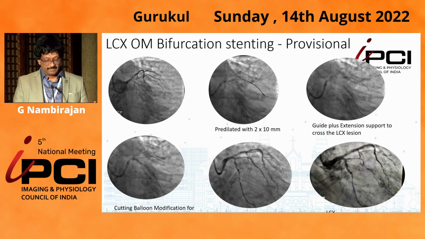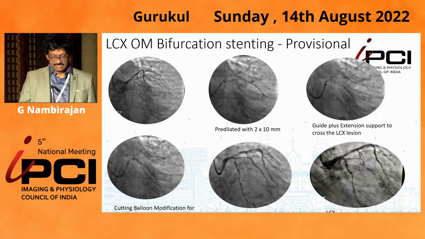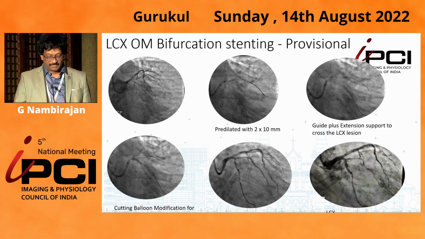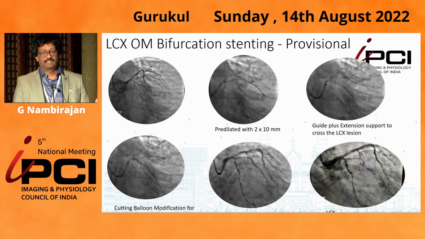We used a Guideliner extension to take the balloon down, and we dilated adequately. We prepared the lesion using a Wolverine cutting balloon for both LCX and OM. We were planning to do LCX OM as provisional stenting, but since we had to land the LCX stent just at the ostium of the LCX with very minimal protrusion, it's like the reverse TAP technique we were planning to do.